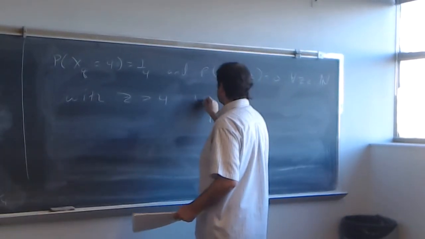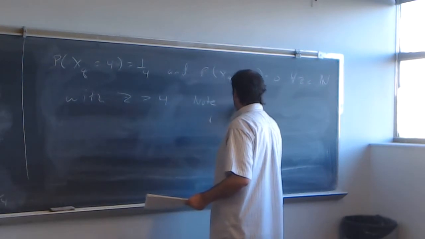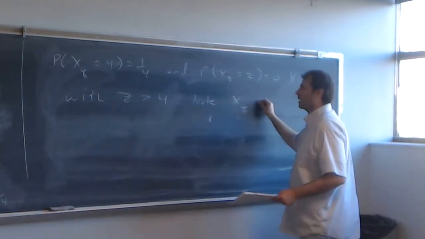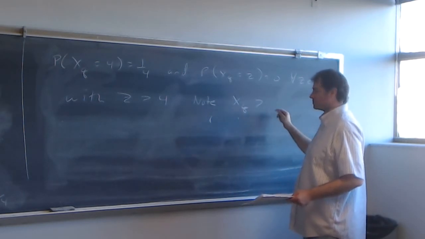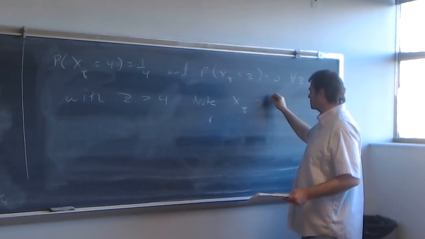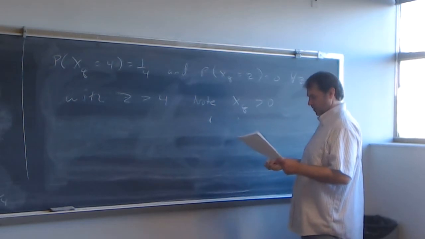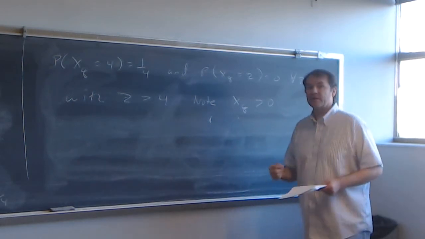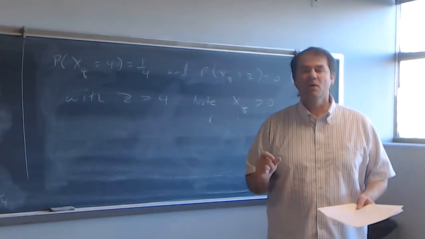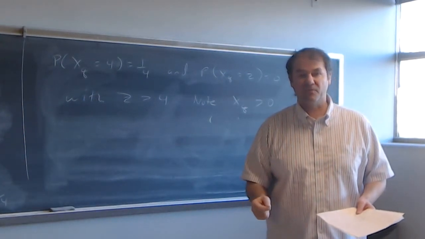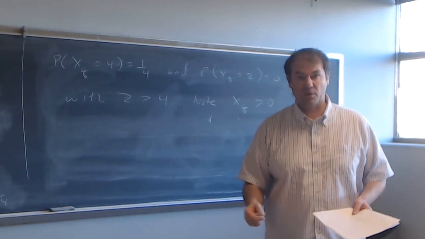So note the output values are always greater than 0 where you have a non-zero chance of that output value occurring. Okay.